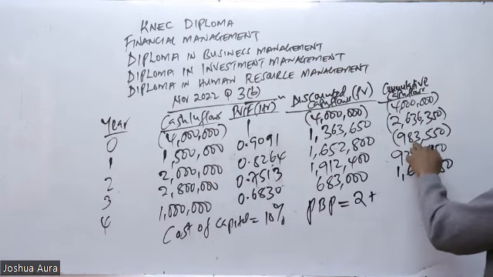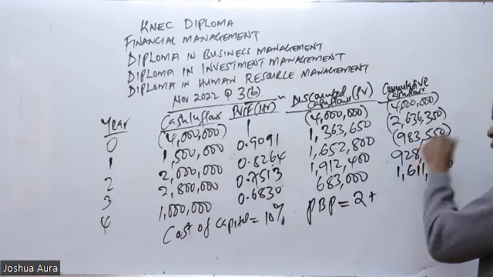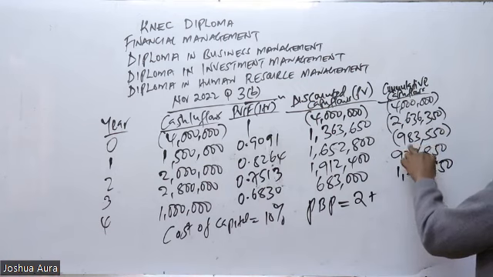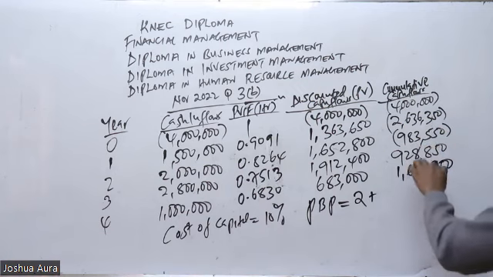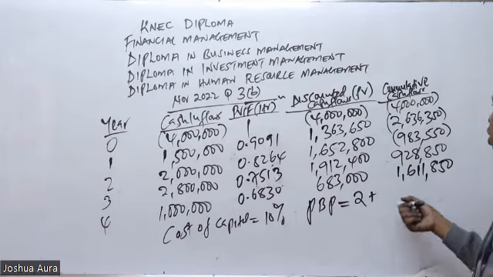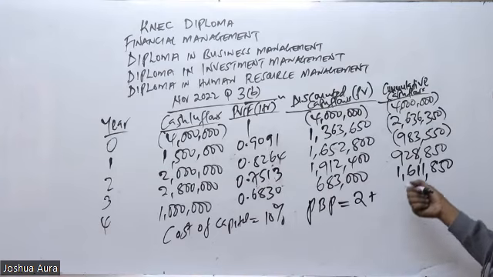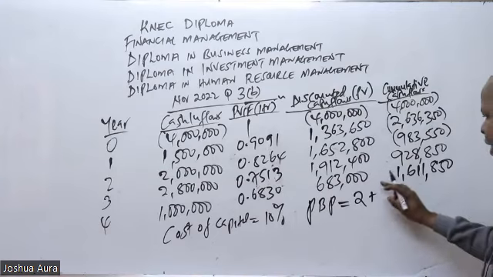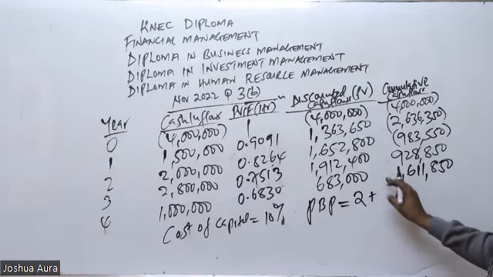We are supposed to add the last negative figure. But because the last negative figure is a negative, we need to cancel that negative, because we cannot put a negative here.